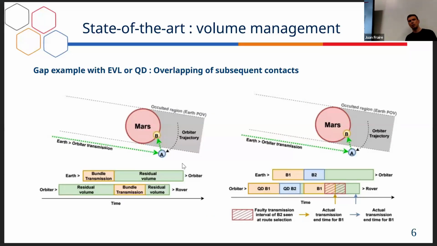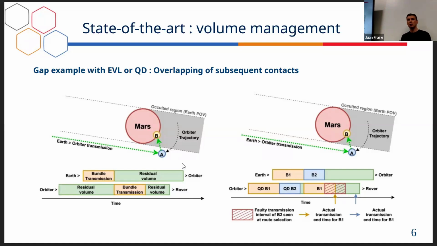Another issue that can arise: nowadays we use the orbiters opportunistically as relays, but in the future we plan to have dedicated relays. So we might expect those relays to have one antenna for long-range communication and one for short-range communication, which means that they can receive and transmit at the same time.